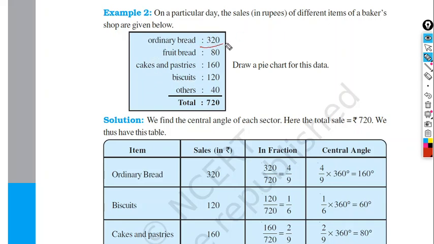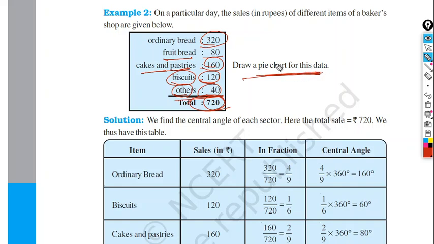Ordinary bread was sold 320 in number, fruit bread 18 in number, cakes and pastries 116 in number, biscuits 120 in number, and other items 14 in number. So the total number of items is 720. You have to draw a pie chart for this data.